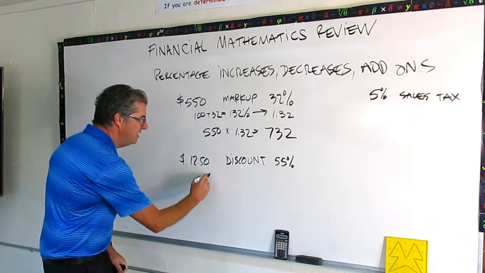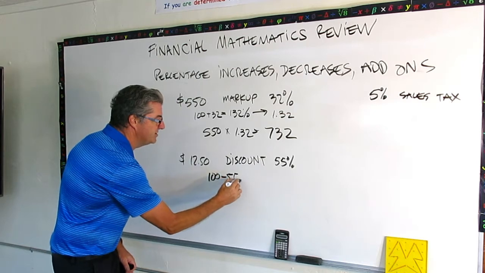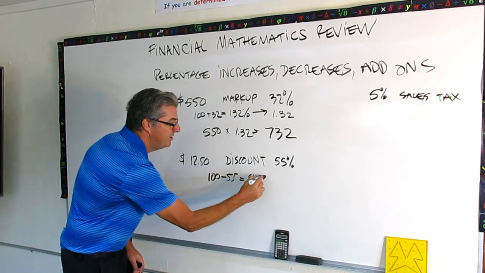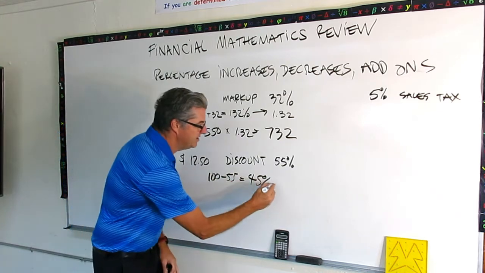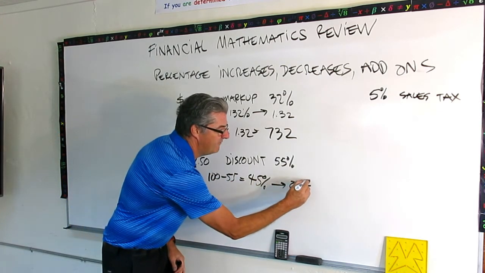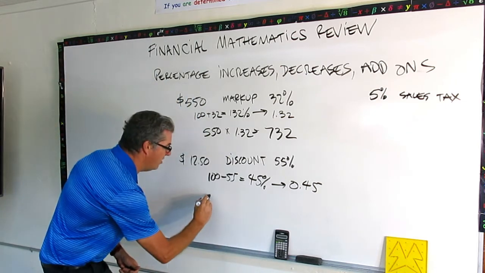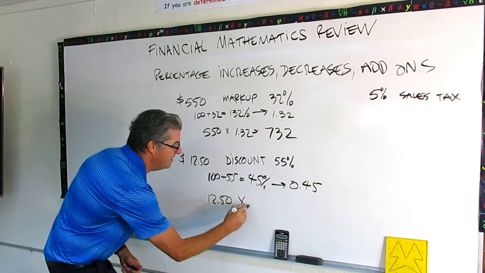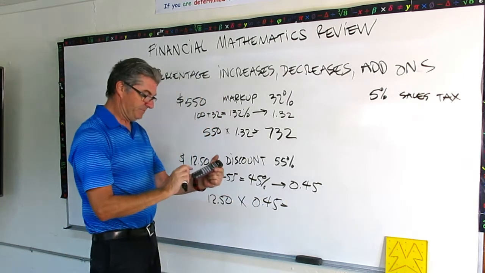The multiplier, again, start with 100, but now we subtract our discount, minus 55%. That's going to equal 45%. Now to get that into a multiplier, we move the decimal 2 over, so the multiplier is going to be 0.45. To find out the new price, we just take our $12.50 and multiply it by 0.45.